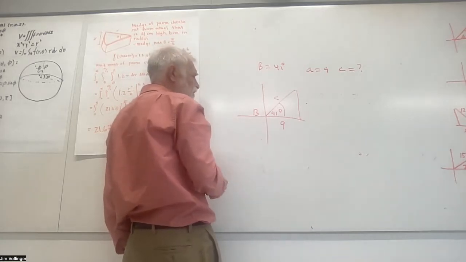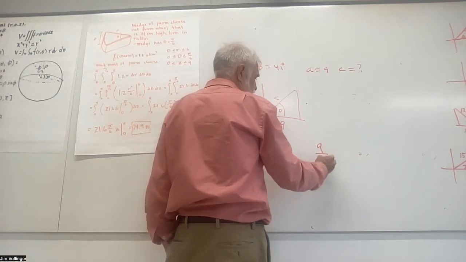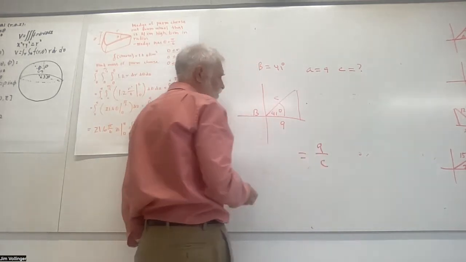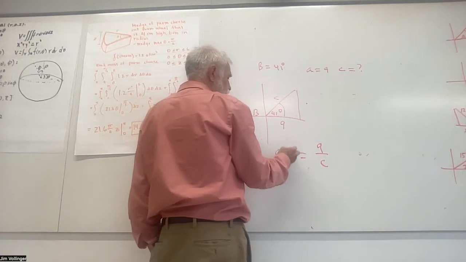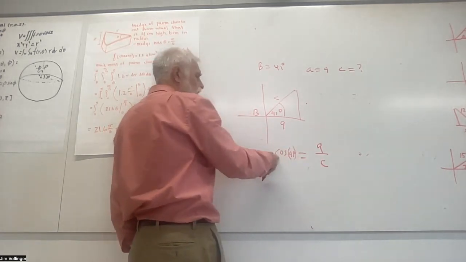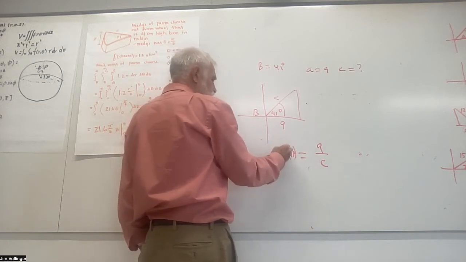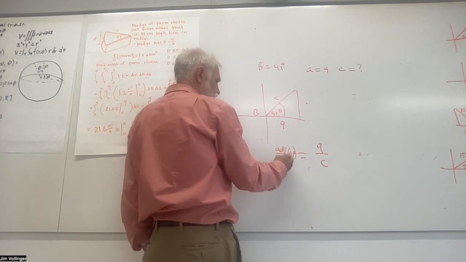Well, what ratio are you looking at? Adjacent to hypotenuse. 9 to c. That's equal to what? The cosine ratio. And I've been given an angle. That's the language that asks you, cosine means, hey, the adjacent over hypotenuse.